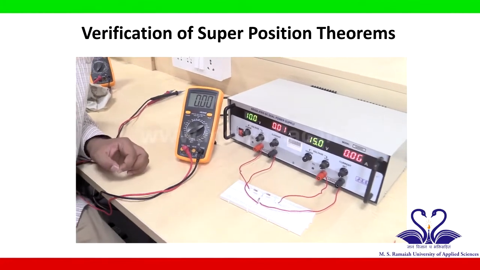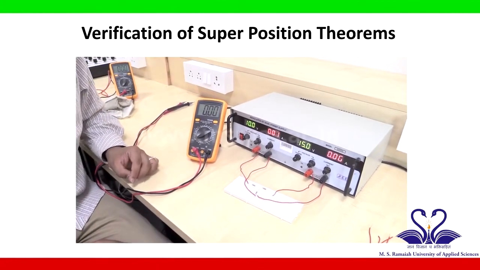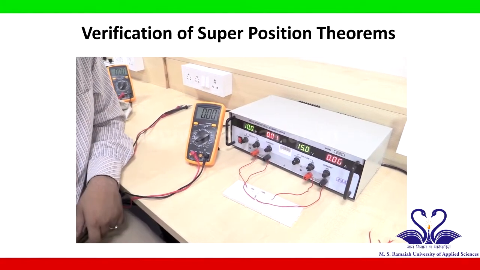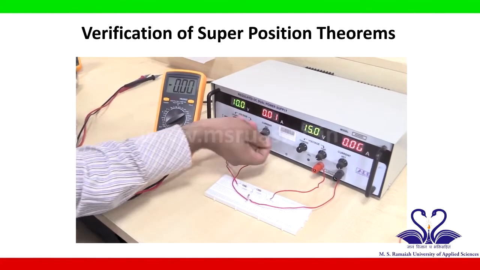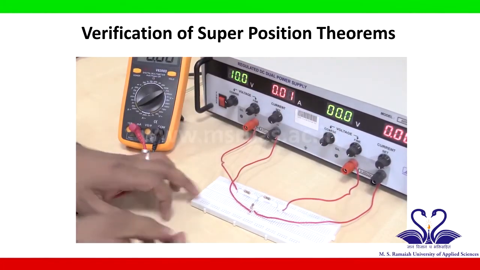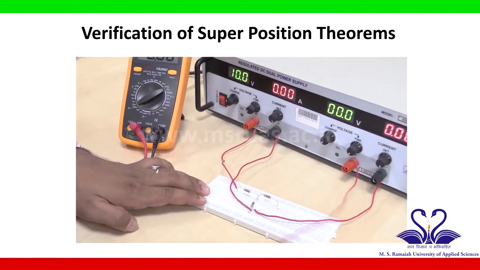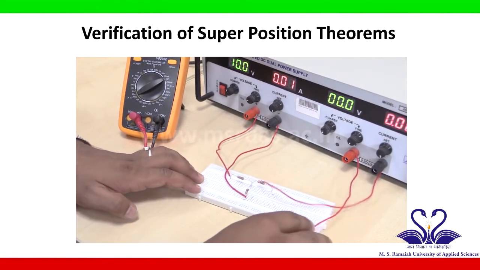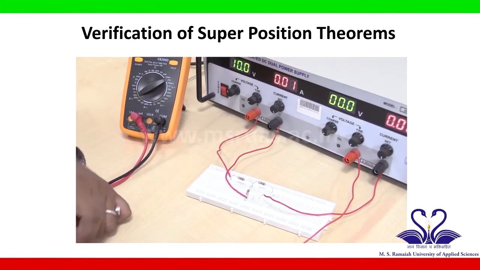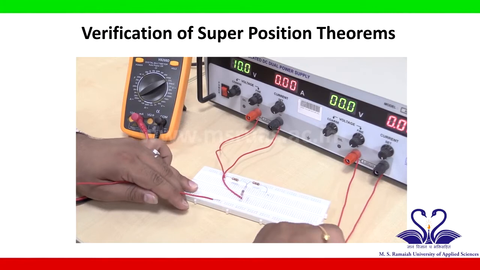Now we need to remove source V2, that is, we will turn off channel 2 and short circuit the terminals. We are removing the channel 2 voltage and using connecting wires we will short the terminals.